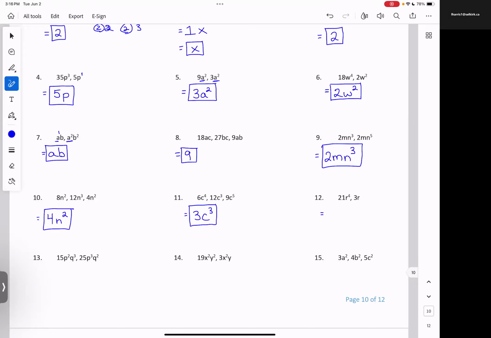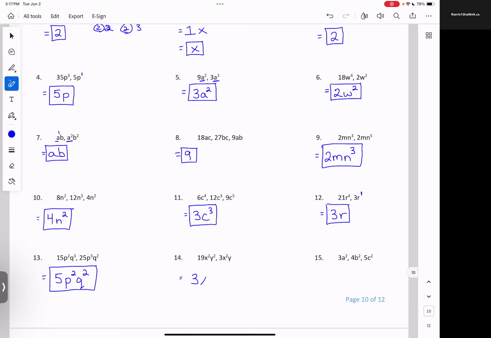In number 12, our number would be a 3. And we've got an r to the 1 and an r to the 4. So common to both is just the r to the 1, or plain r. In 13, our greatest common factor of the numbers is 5. And then of the variables, we would have a p squared and a q squared. 14, our number would be a 3.